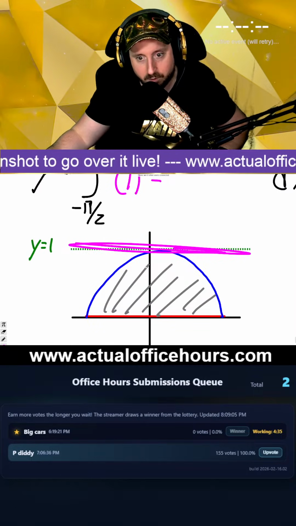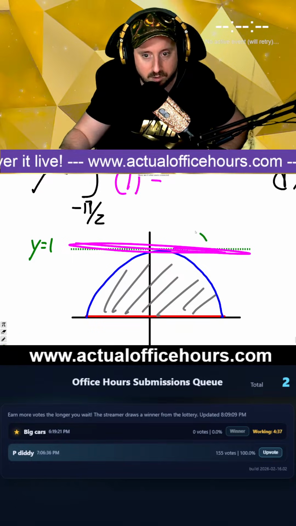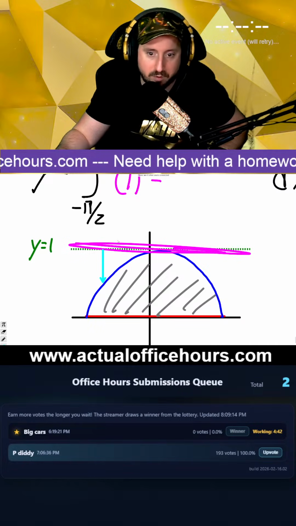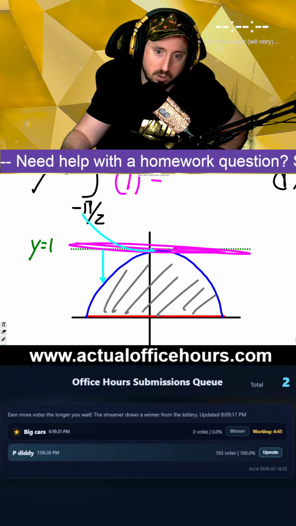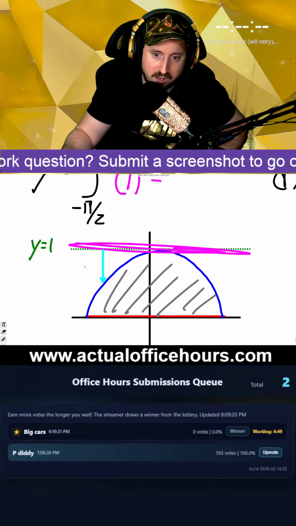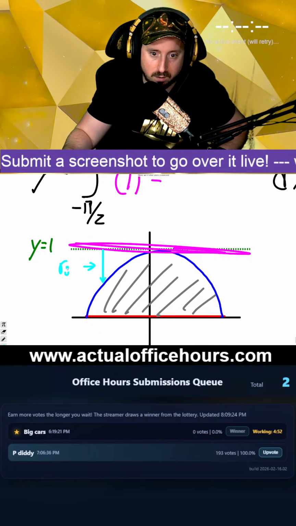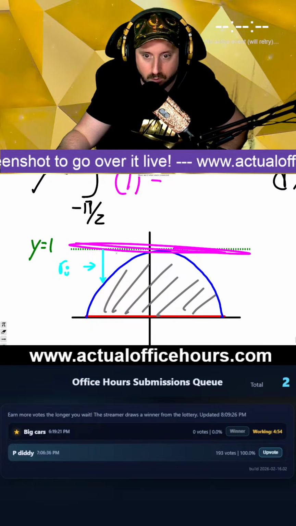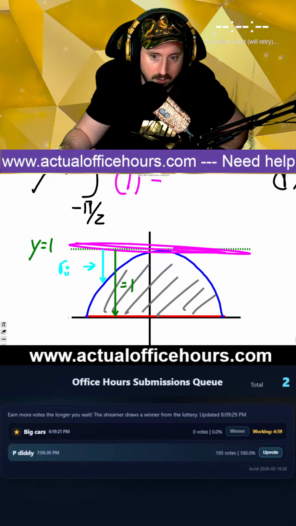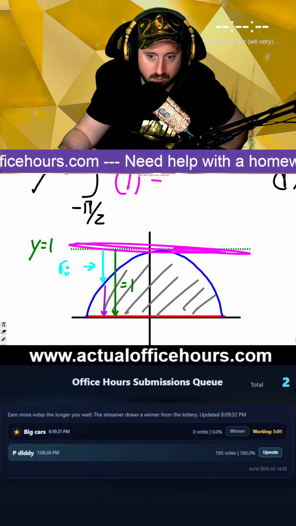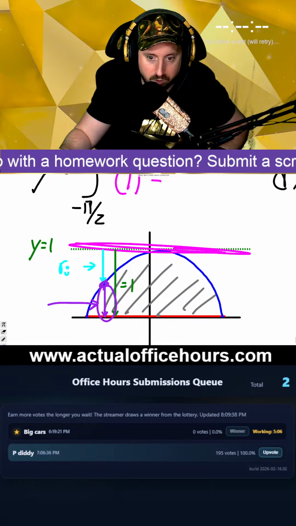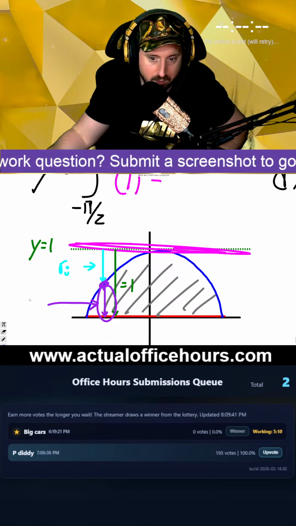So r inner then refers to the distance from here to the inside of my volume of revolution. This is going to end up looking like kind of like a cone. So this distance, that's r inner. And what I know is that this whole distance is equal to 1. And then this distance right here, that's equal to the y value of this function.